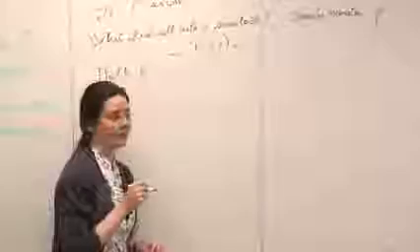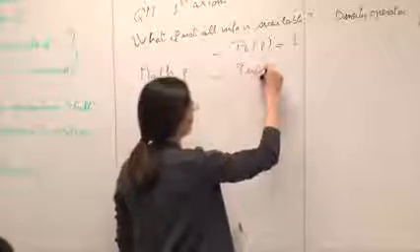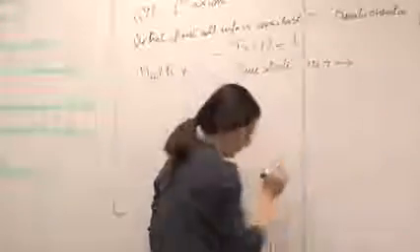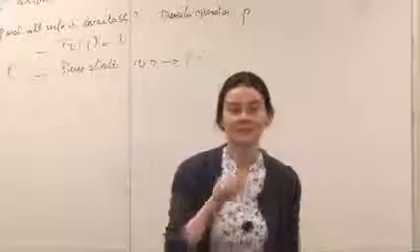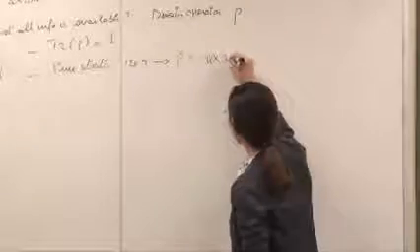Trace of rho is equal to 1. What is it if I have a pure state? I think what you said is psi cross psi. Yes? Okay, so it's the outer product of psi.